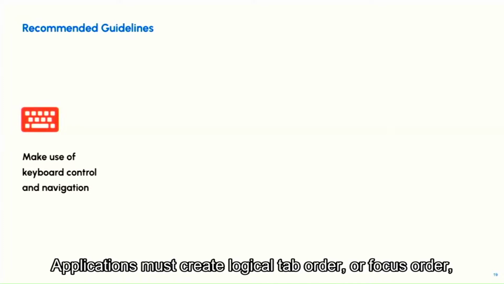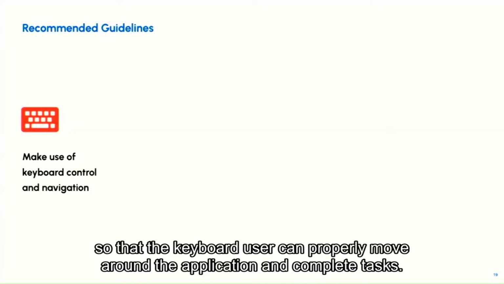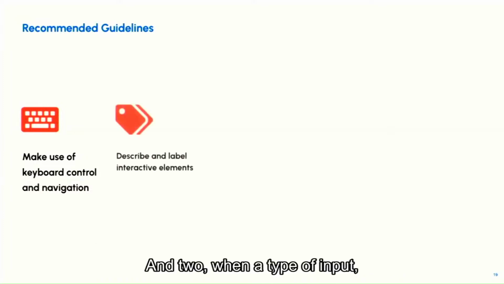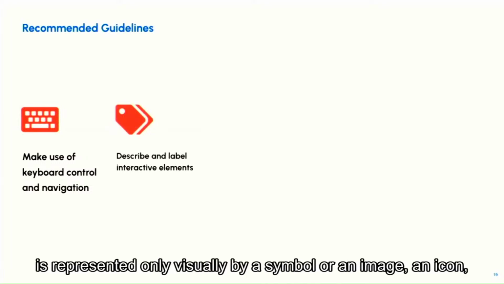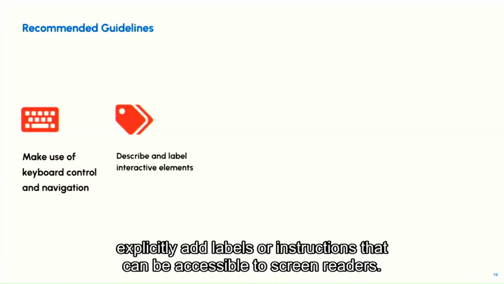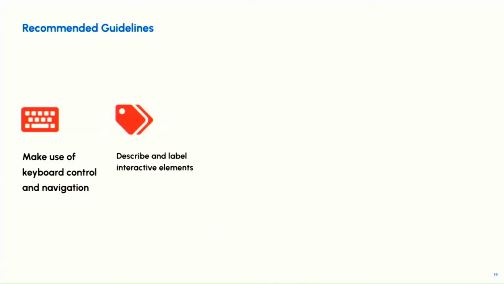Applications must create a logical tab order or focus order so that the keyboard user can properly move around the application and complete tasks. And two, when a type of input, for example a button, is represented only visually by a symbol or an image, an icon, explicitly add labels or instructions that can be accessible to screen readers.